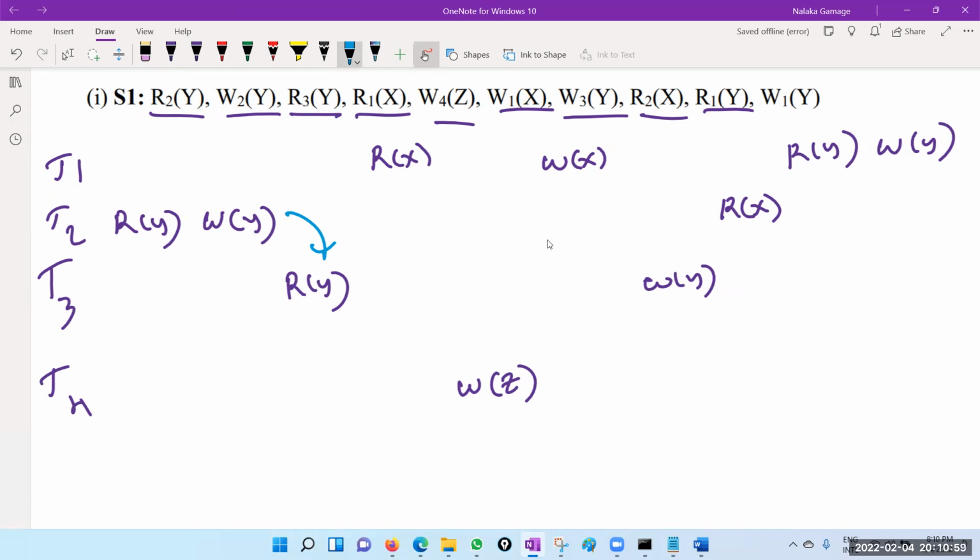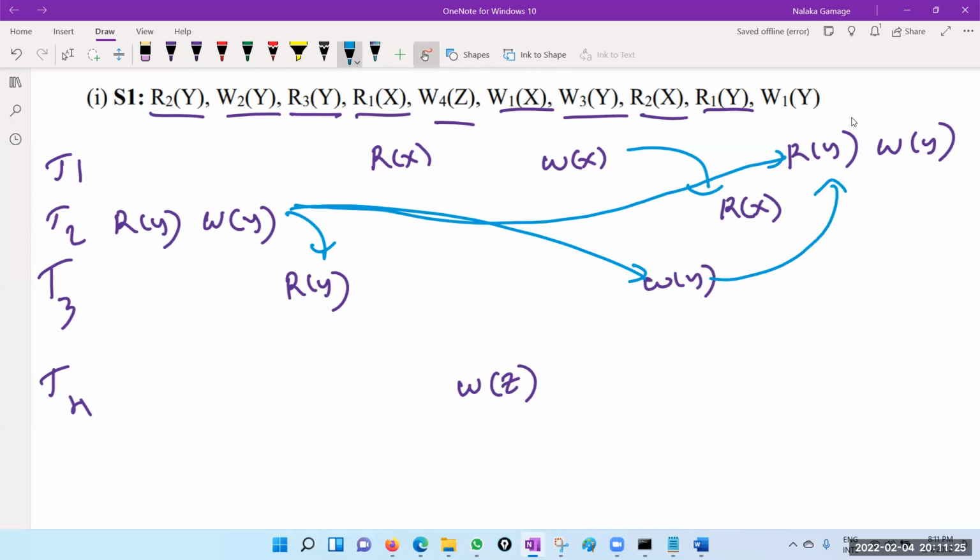Therefore, you don't have to mention it again. Then we have X, okay, there's a conflict. Then again Y. So there's a conflict between T2 and T1, and also a conflict between T3 and T1. Okay, now let's see the precedence graph.